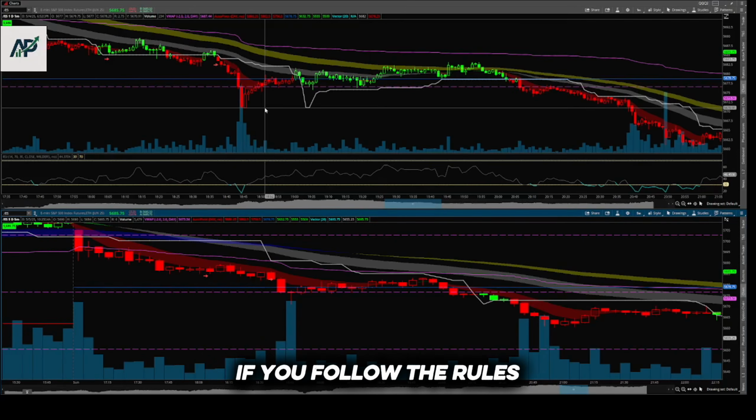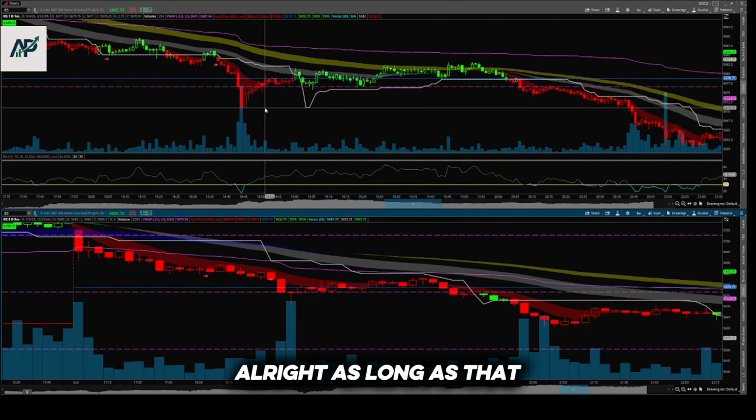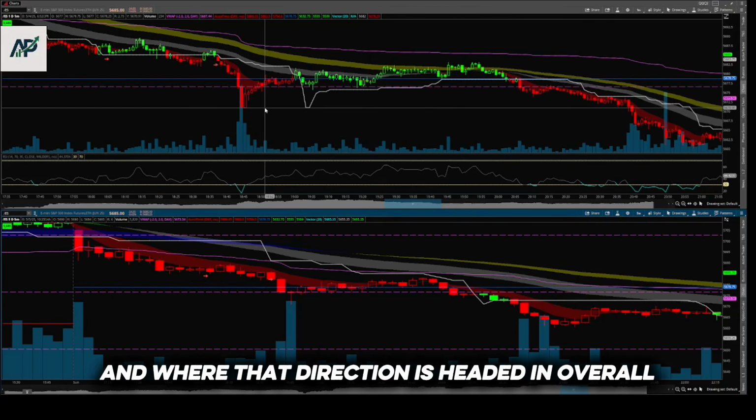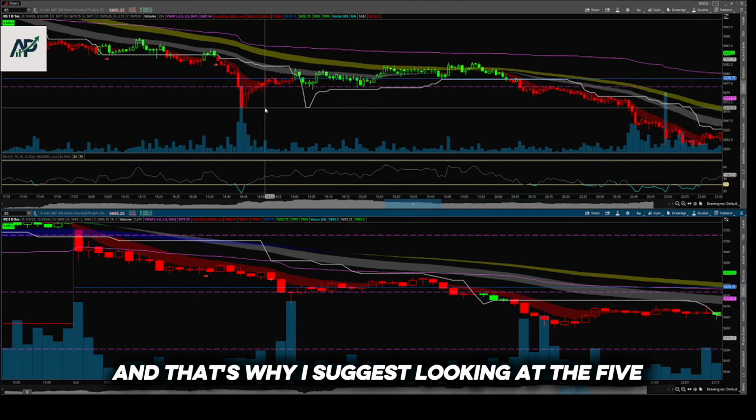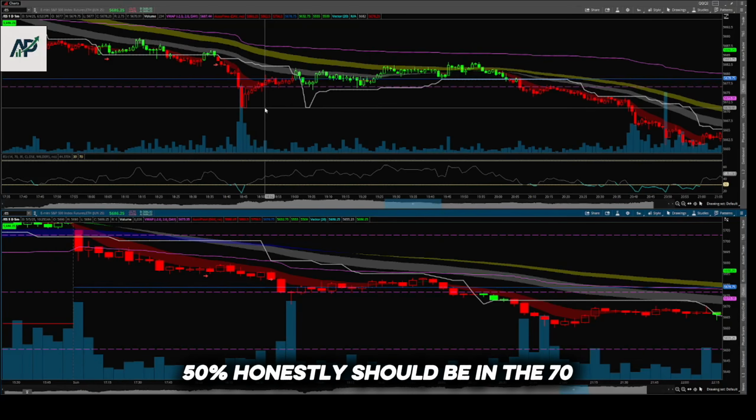But if you follow the rules and take entries around the 1 and 5, as long as your analysis is solid in where the direction is heading overall, and that's why I suggest looking at the 5, your success rate should be a lot higher than 50%.